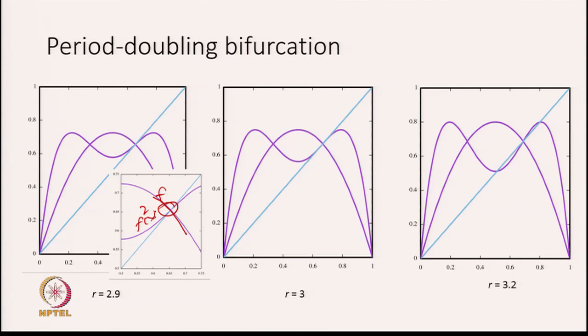The slope at this particular point for f2 of x is clearly less than 1.